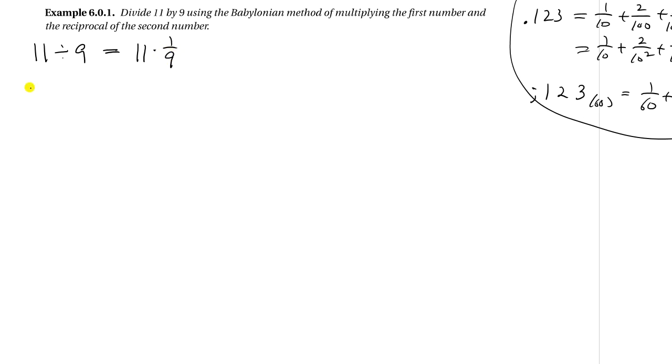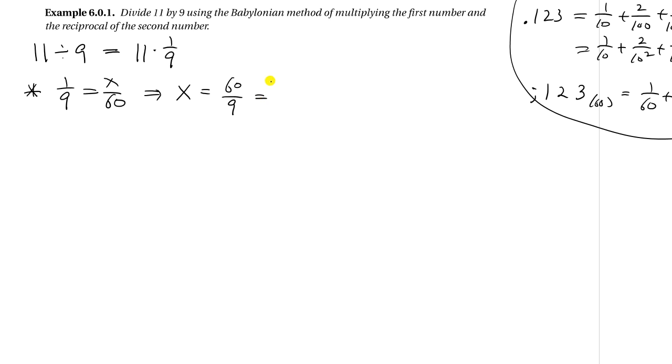The first thing we have to do is find the corresponding notation for 1/9 in the Babylonian numeric system. So we just put x over 60 for that. Then x must be 60 over 9.